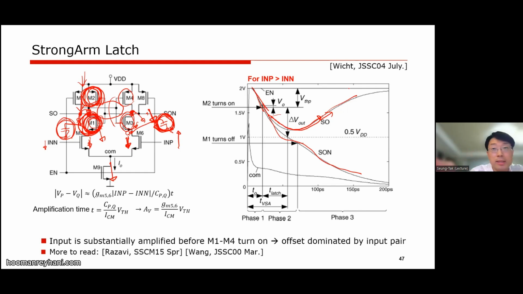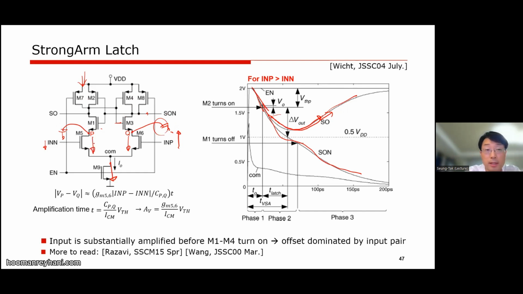And in this configuration, we can think of the differential pair as a preamplifier for the latch. We are amplifying the input signal by discharging the capacitor until the voltage here again reaches VDD minus threshold.